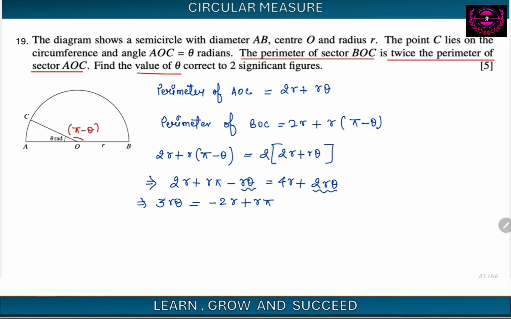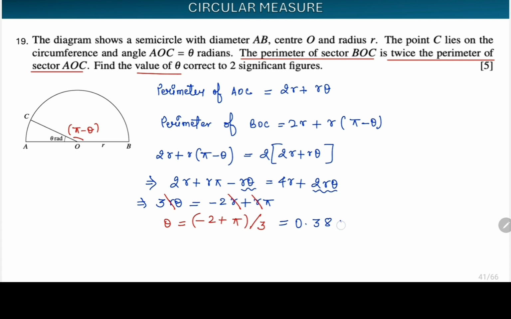And if you eliminate r from the left hand side and right hand side, now you have theta equals (pi minus 2) divided by 3, which is 0.38. And this is our final answer.